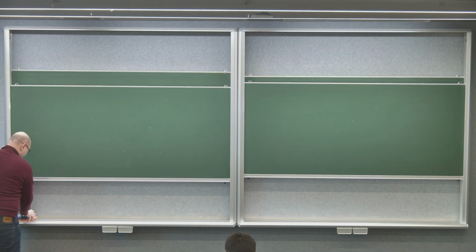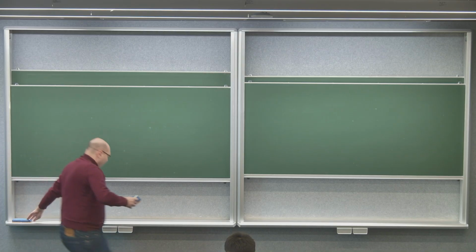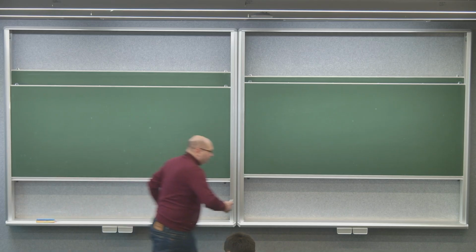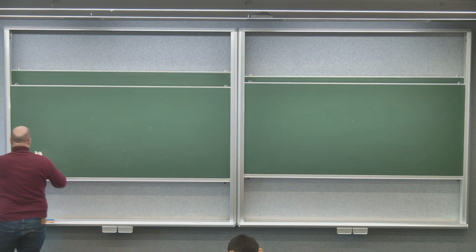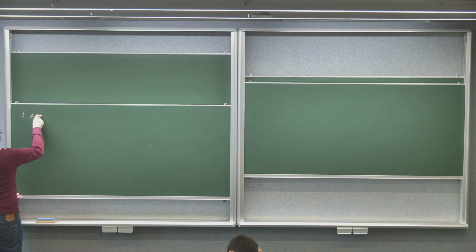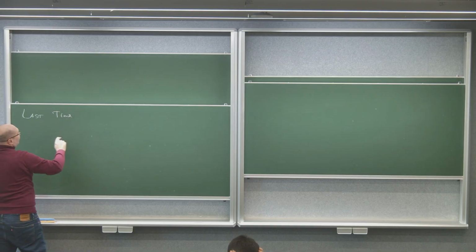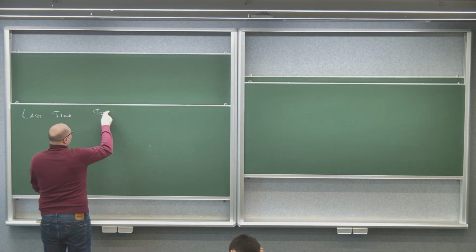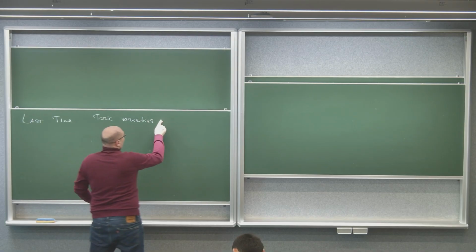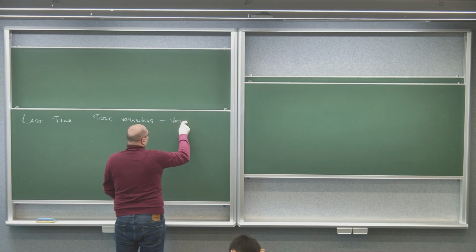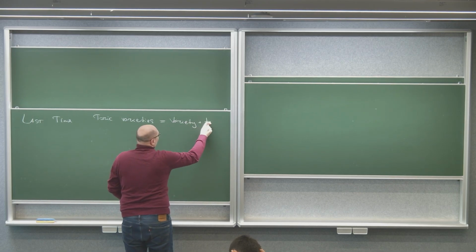Okay, so let us recall what we did last time. Last time we talked about toric varieties. It is essentially a variety plus a torus action.